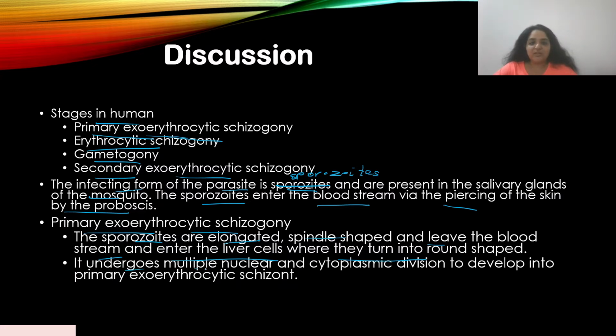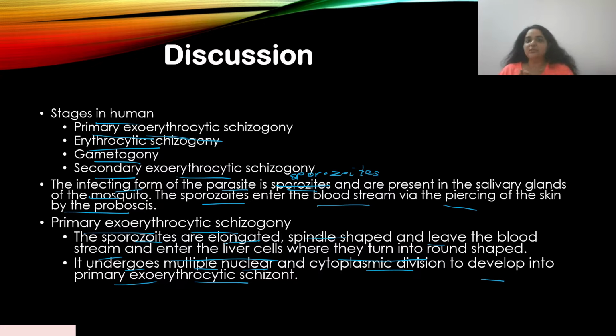It then undergoes multiple nuclear and cytoplasmic divisions and develops into the primary exoerythrocytic schizont. Remember, we are exoerythrocytic, so we are outside the red blood cells.